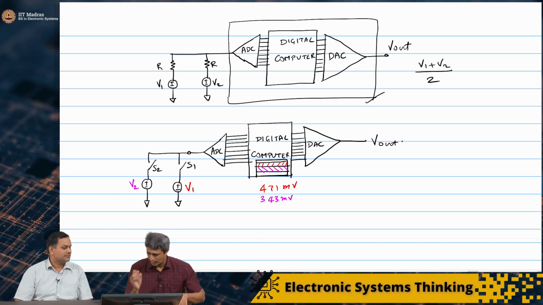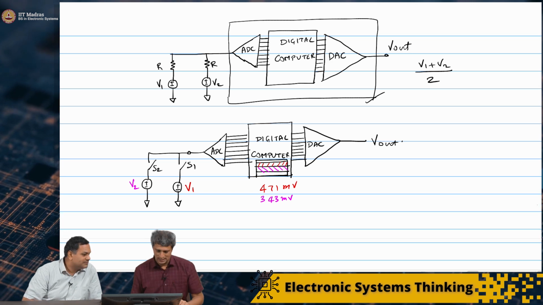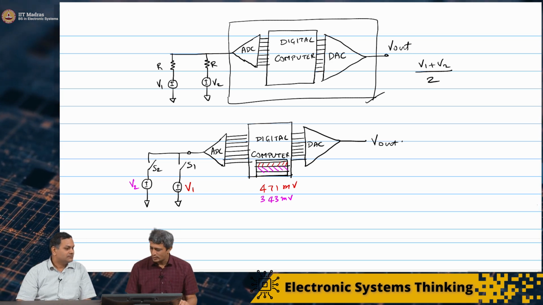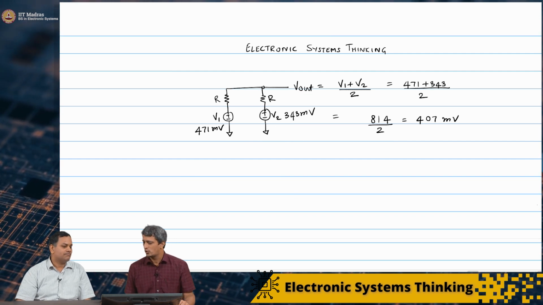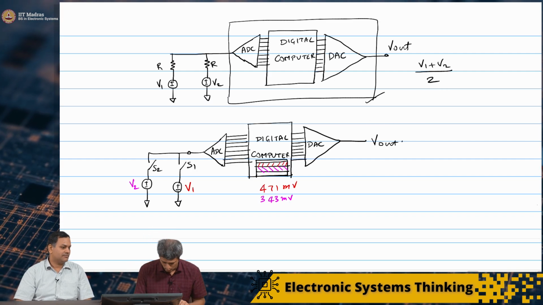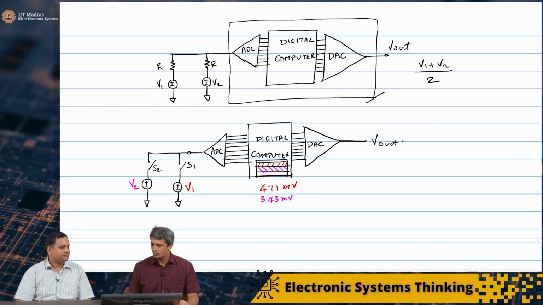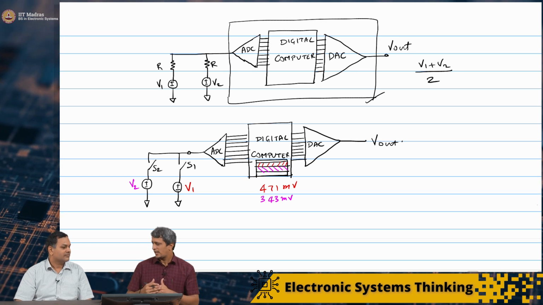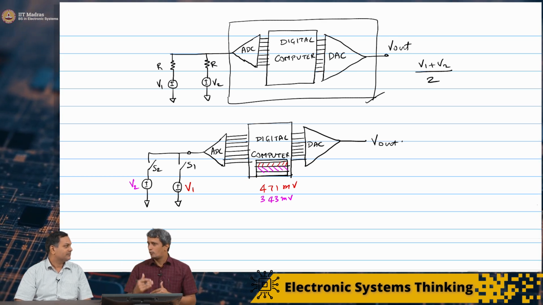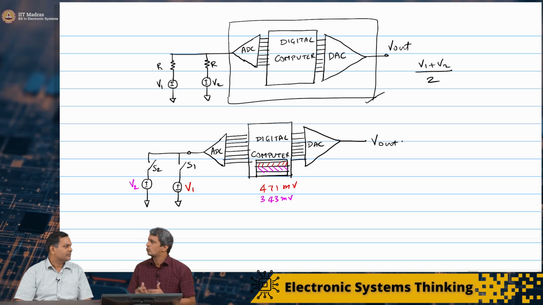Please correct me if I mess up on that. We saw that the resultant answer was 407 millivolt. Now, let's assume that I have an 8-bit ADC, and the range of voltage that it can digitize is 0 to 800 millivolt.